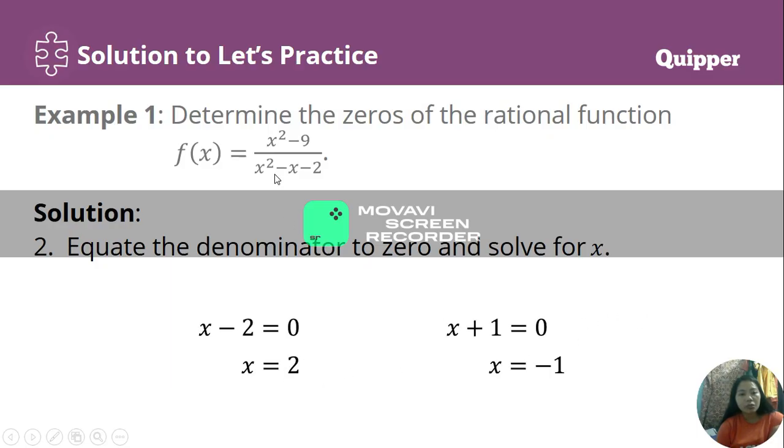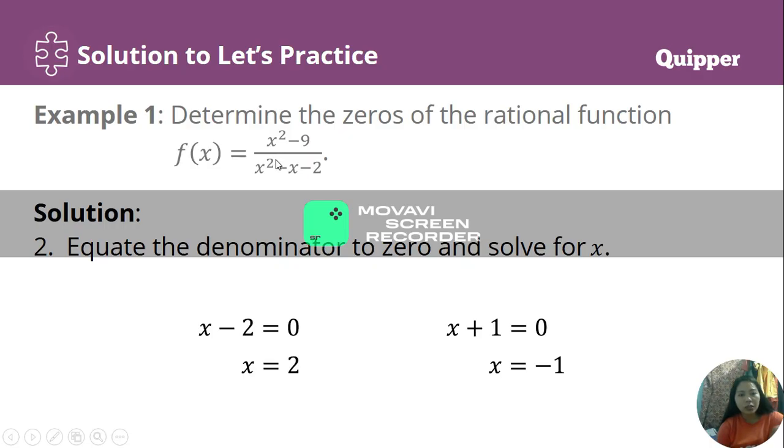Then if we substitute here, it can't be equal to 0. 2 squared is 4, minus 2 minus 2, 4 minus 4, that's 0.